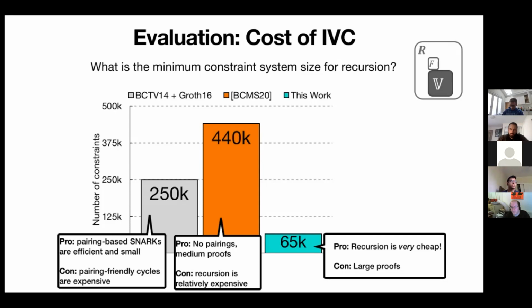Like the cost to verify the aggregation. You mean at the end? Yeah, say I just give you in advance T proofs of size N.